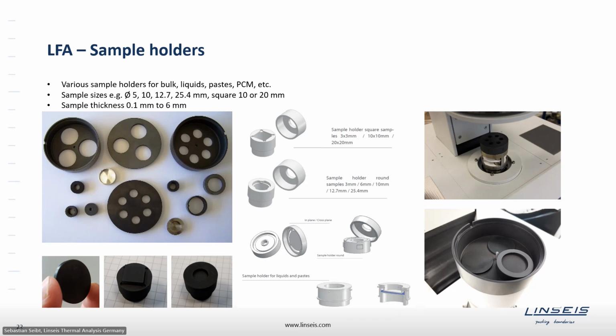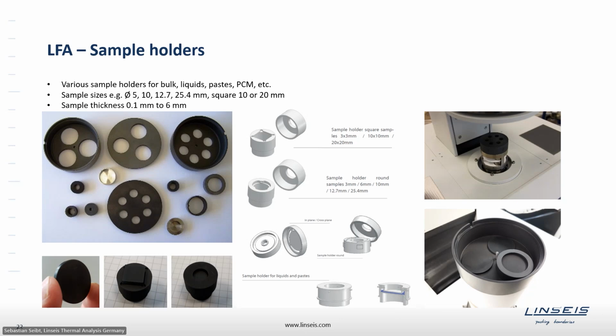Typically, the samples are bulk materials, either round or square, ranging from, let's say, 10 to 25.4 millimeter diameter, so 1 inch. This is the typical range, or they can also be square in a similar range of size. The sample thickness is typically around 1 to 3 millimeter, but this, of course, can differ for different kinds of materials.